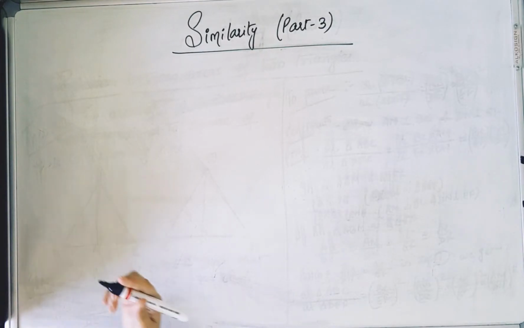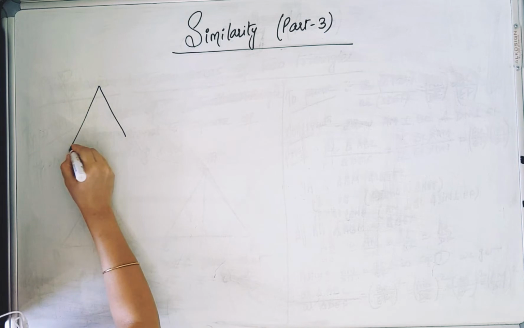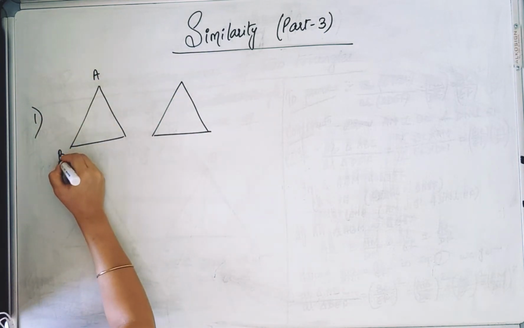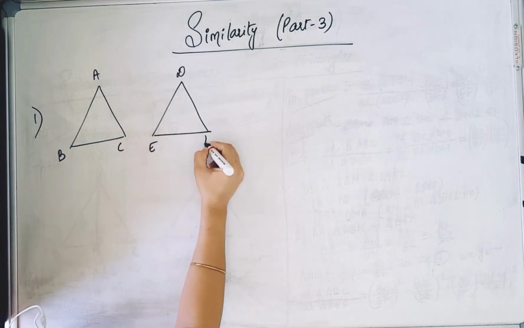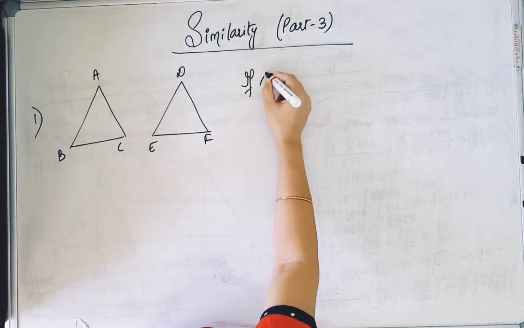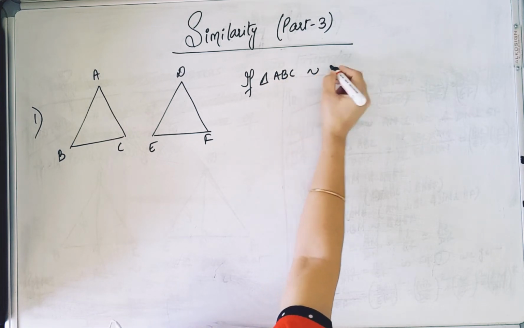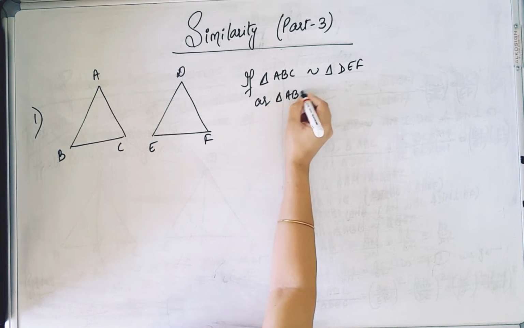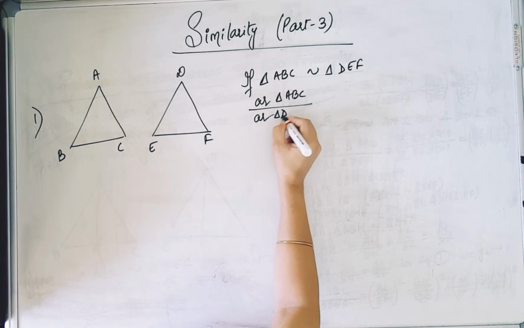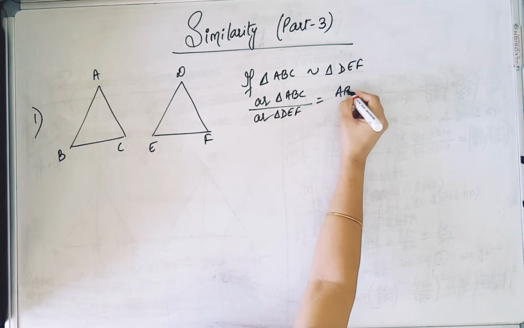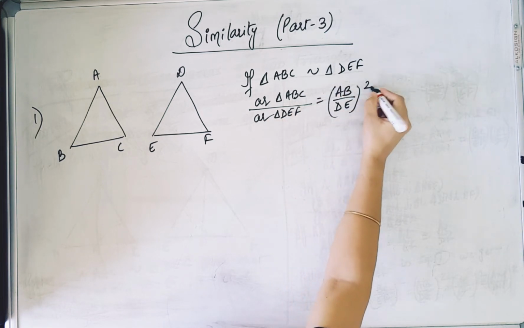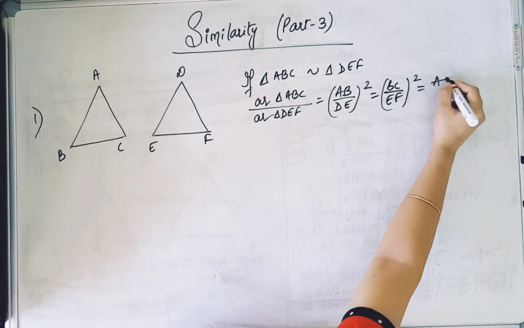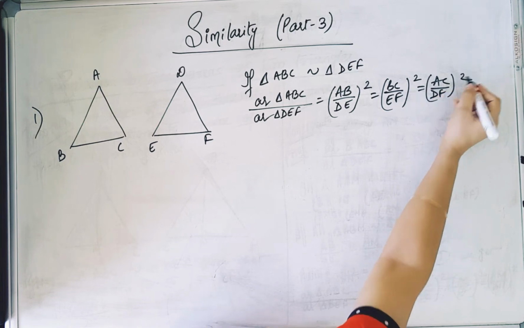What we have studied: if these are two triangles, the first concept, ABC and DEF, and triangle ABC is similar to triangle DEF, then we can write area of triangle ABC by area of triangle DEF equals AB by DE whole square equals BC by EF whole square equals AC by DF whole square.